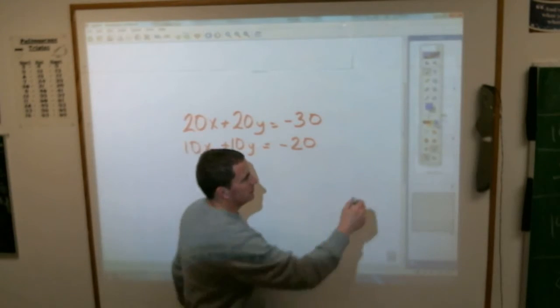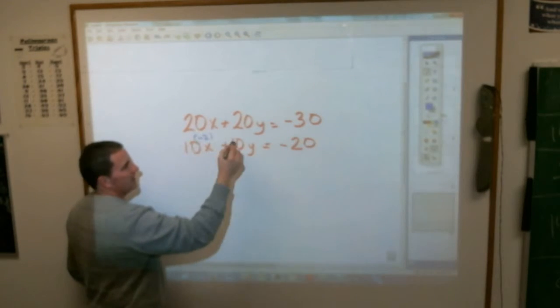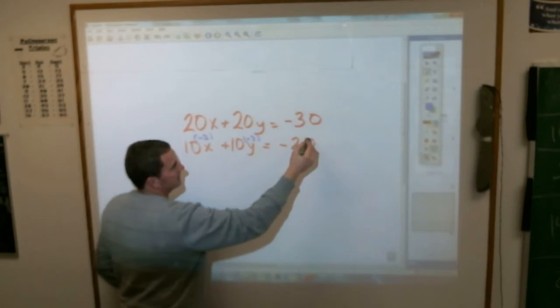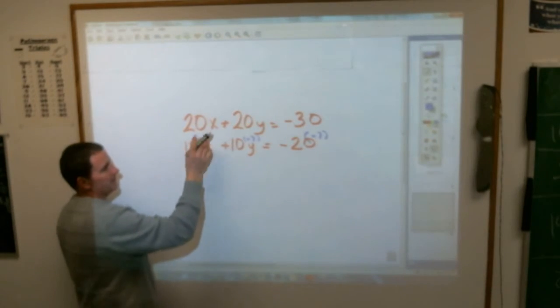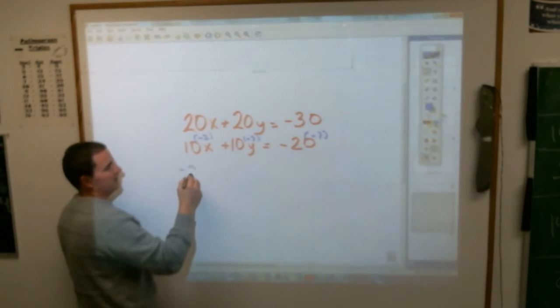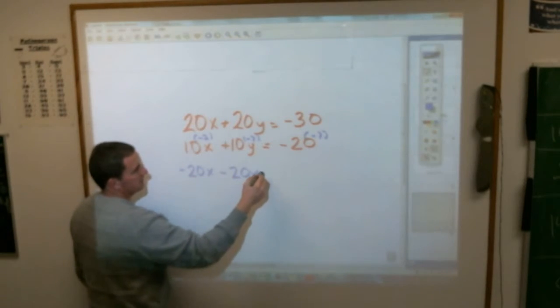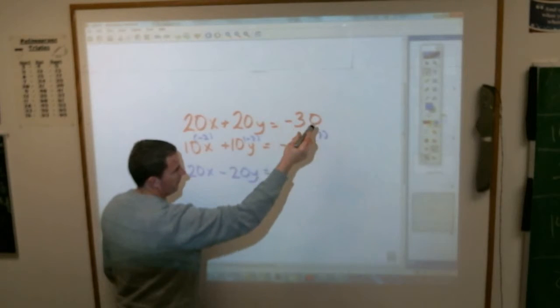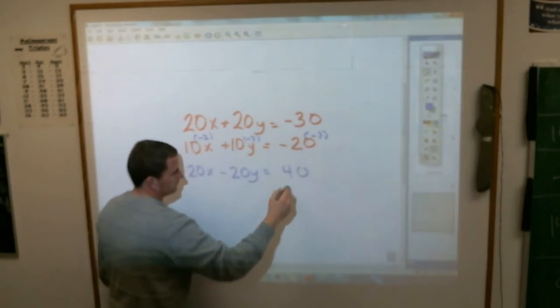Negative 2. So I'm going to multiply everything on the bottom by negative 2, and my bottom equation becomes negative 20x minus 20y equals positive 40.